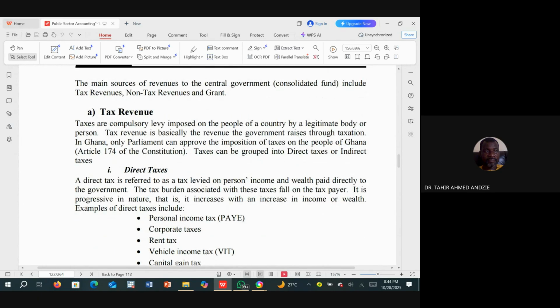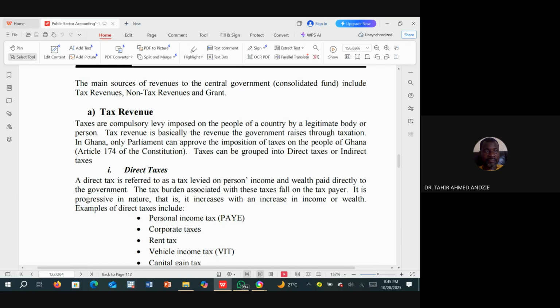For tax revenue to government or to the consolidated fund, these are compulsory levies imposed on the people of the country by a legitimate body or person. So the legitimate body is the parliament, because it is the parliament that has the constitutional mandate to impose taxes on the citizens of Ghana.